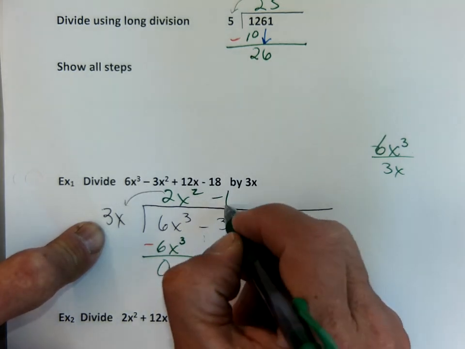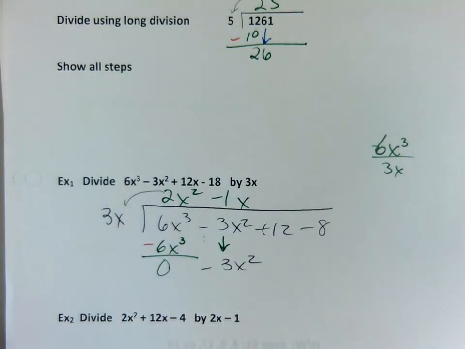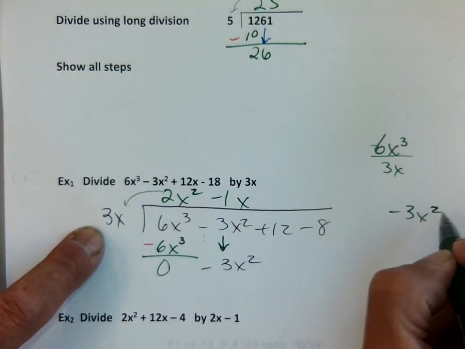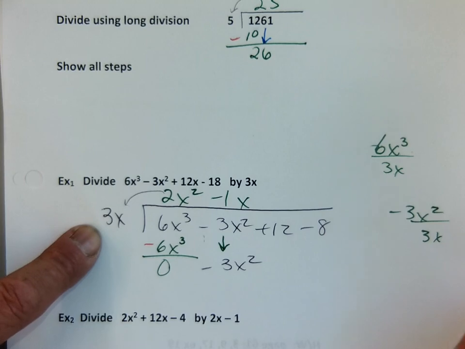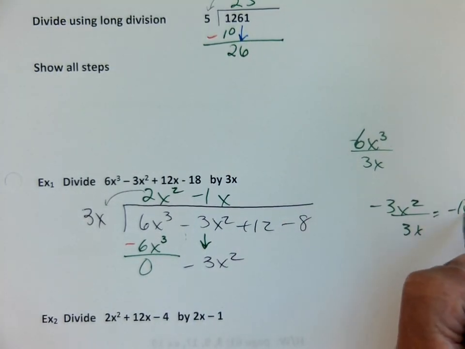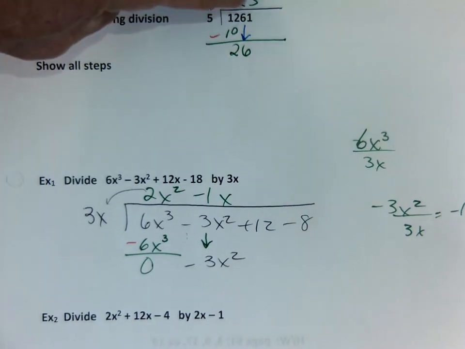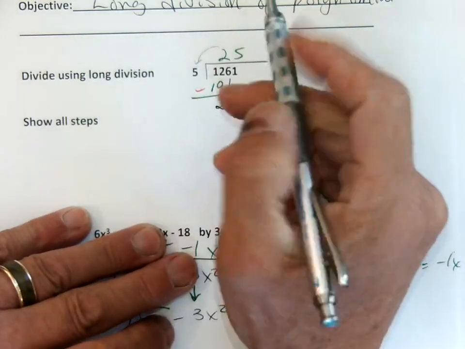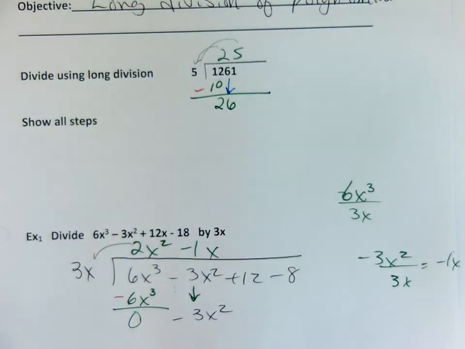Negative 1x. And again, if you can't see that, then do a little division on the side, negative 3x squared divided by 3x. And doing the division on the side is okay, because hopefully you see that's a negative 1x, right? Which is I have. Here, I would have gone my 5 times my 5. I just do that. 5 times 5 is 25.